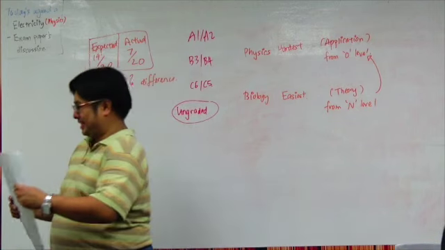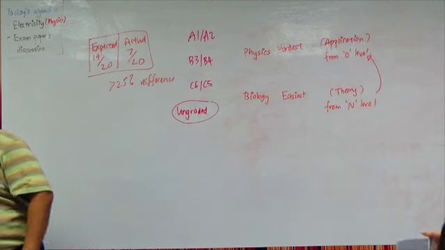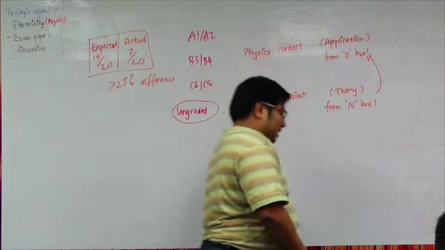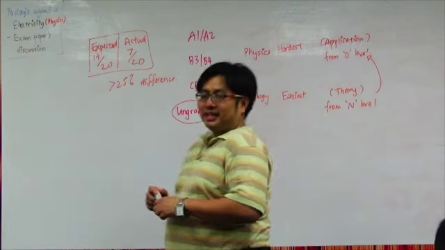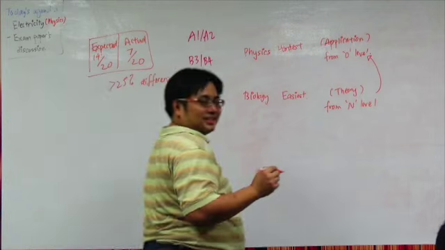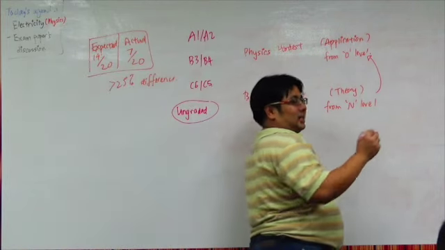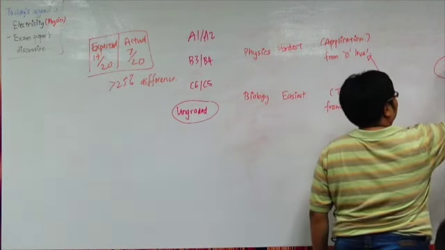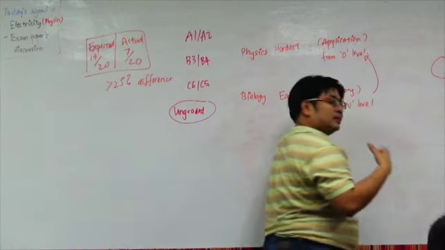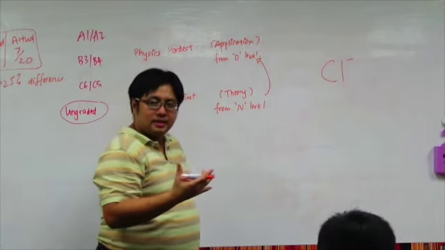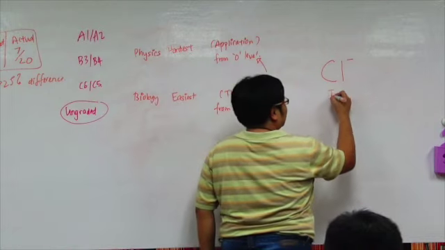Because the minus means the electron count changes. Chlorine is 17, plus 1 electron, 18. So when they put a minus, it means that it is not an atom anymore. It's an ion.